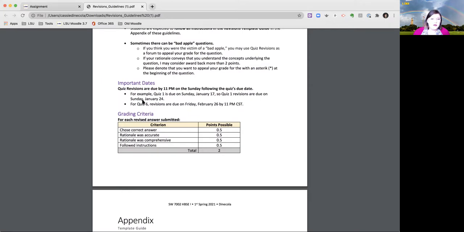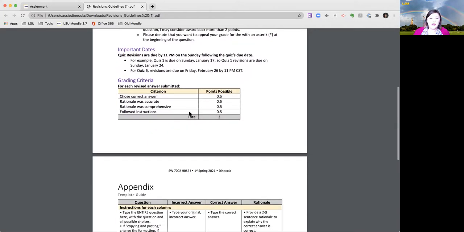Okay, so the quiz revisions are again due the Sunday following the quiz. You'll note that I have criteria. So to get the full points, this is what I'm looking for: that you chose the correct answer, that the rationale was accurate. You'll see when we get to the template what I mean by that.